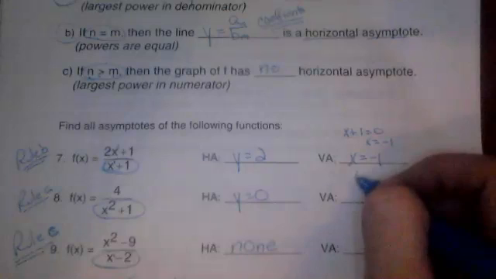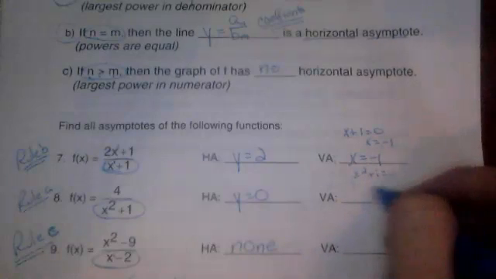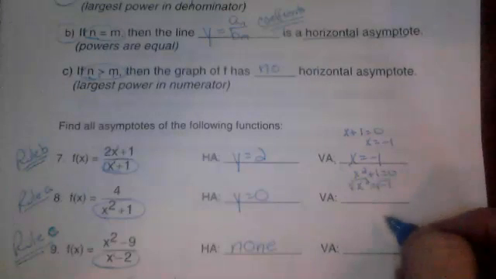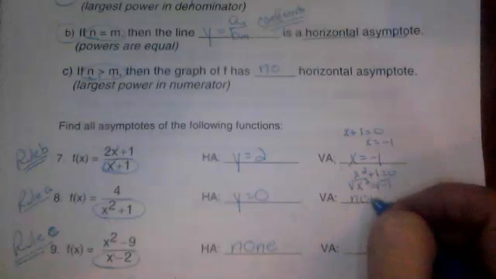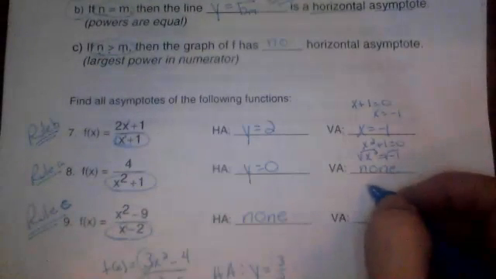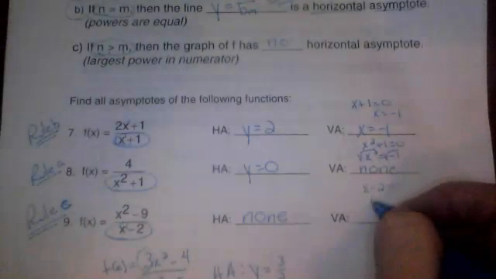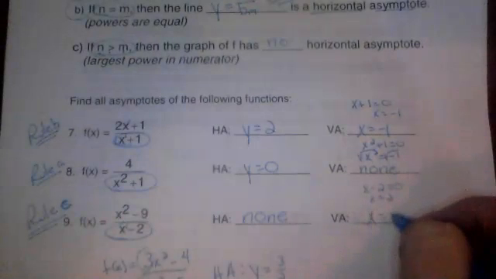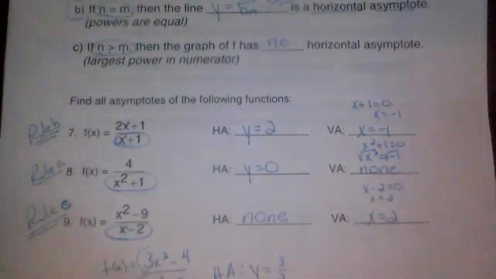For number 8, x squared plus 1 equals 0. X squared equals negative 1. You cannot take the square root of a negative number, so there will not be a vertical asymptote. And on the last one, we set x minus 2 equal to 0. X equals 2 would be our vertical asymptote.